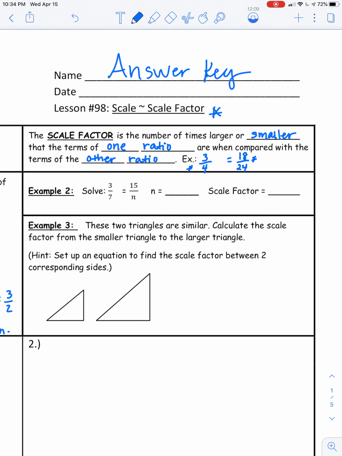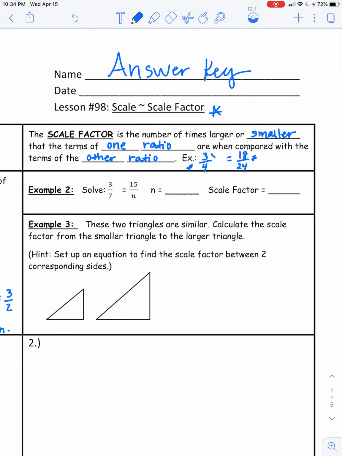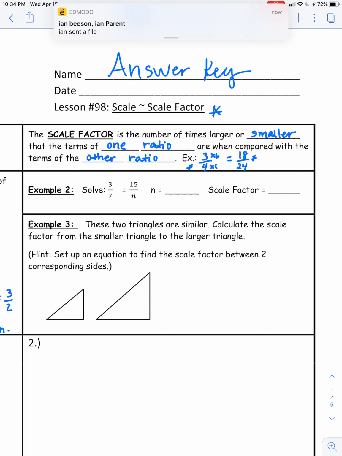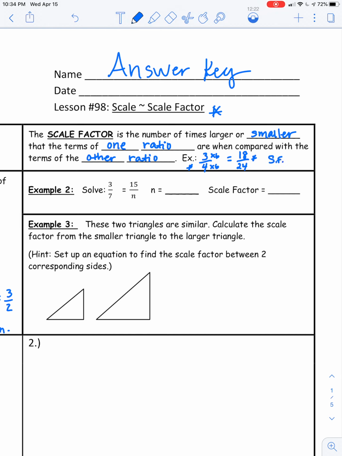So how much larger is that? Well, how did I get from 3 to 18? Looks like it's 6 times larger. Okay, so the scale factor here is actually, I'm just going to abbreviate that. The scale factor for this one is actually 6 because it's 6 times larger.